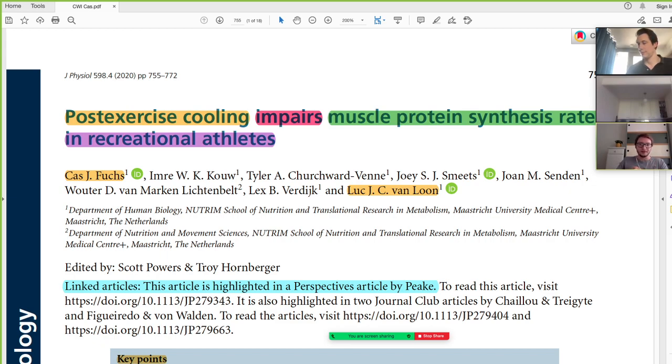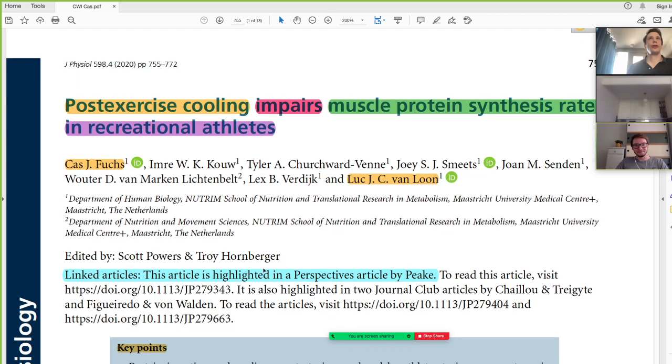And then the authors, I think you already highlighted Cas, but in this case the last author, Luc van Loon, is also pretty relevant, just because it's a big name and you know that there is quite some money, or they have the facilities to do pretty good studies. So these are all just indicators of if you want to read the paper or not.